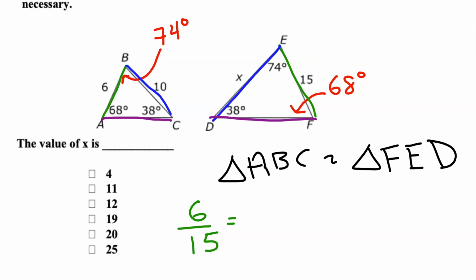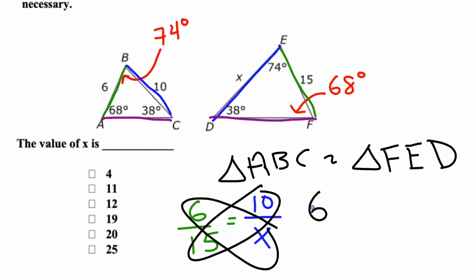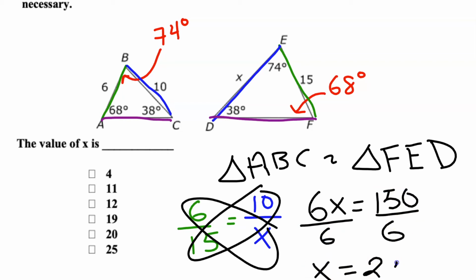And my side 10 corresponds with my side X. So now we can cross multiply and solve. 6x is equal to 150. Divide by 6. X equals 25.